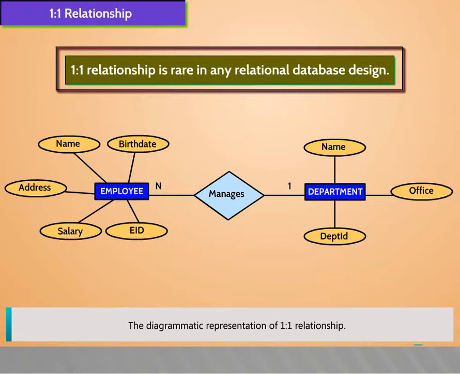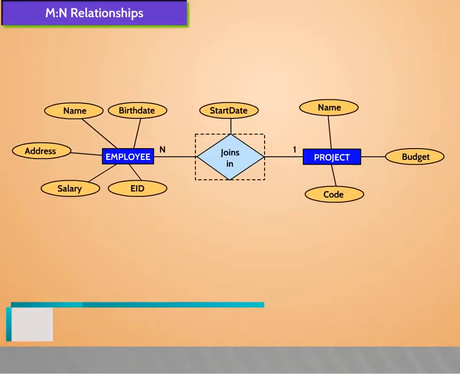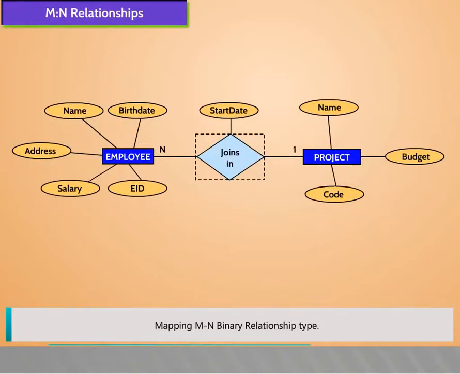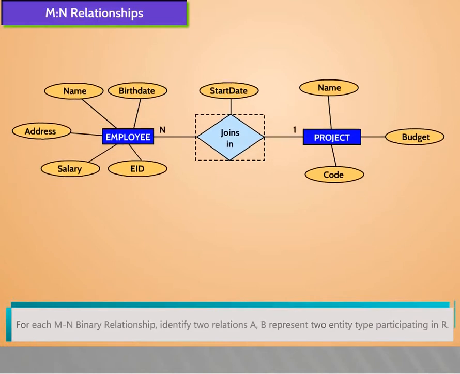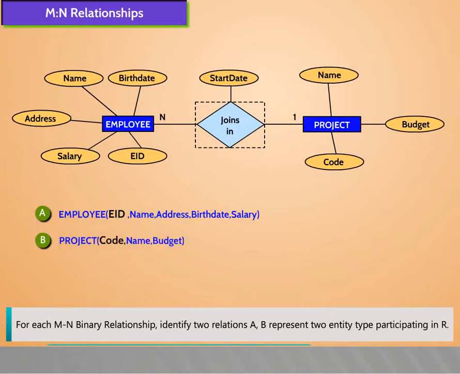The diagrammatic representation of 1:1 relationship. M:N relationships. Mapping M:N binary relationship type. For each M:N binary relationship, identify two relations A, B to represent the two entity types participating in R.